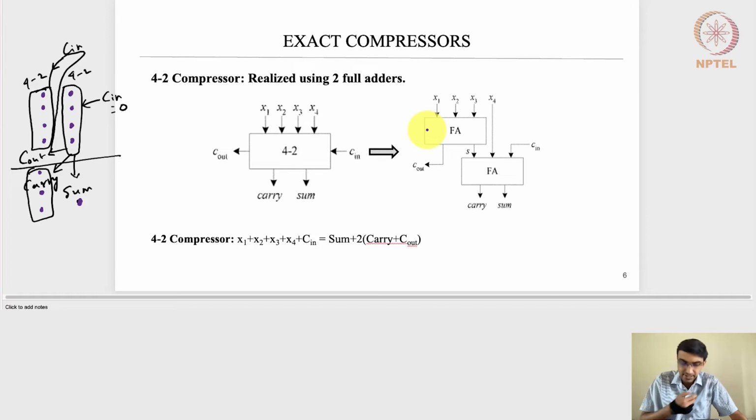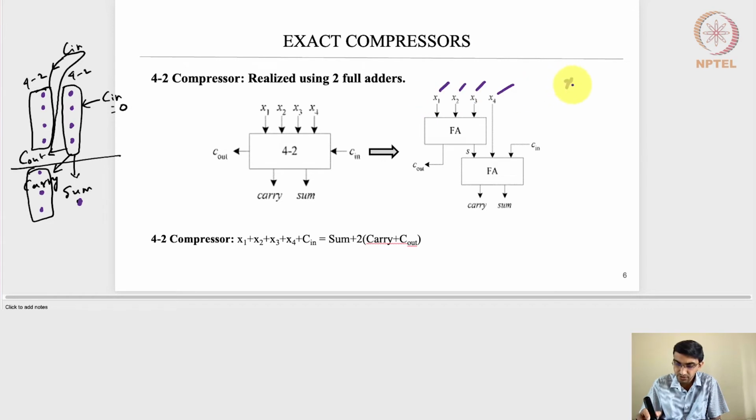Remember that we are considering this particular 4 bits as input, and ultimately we want to find the sum and the carry out. It is really not about whether x4 is the MSB or LSB.